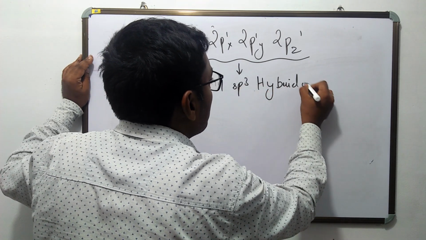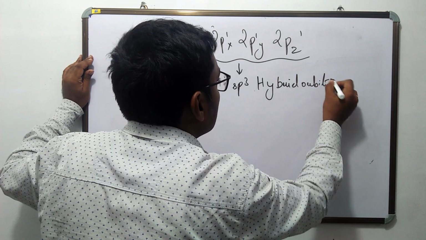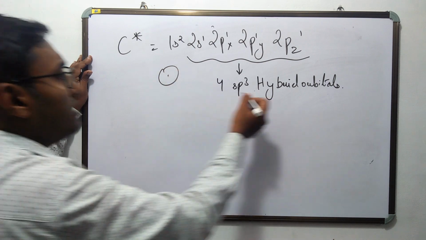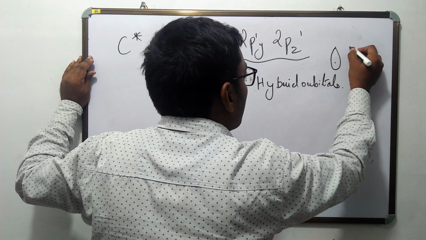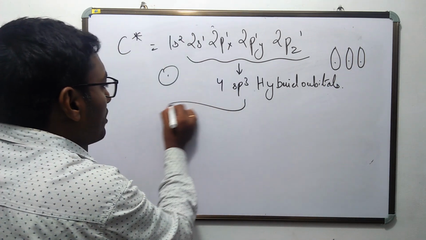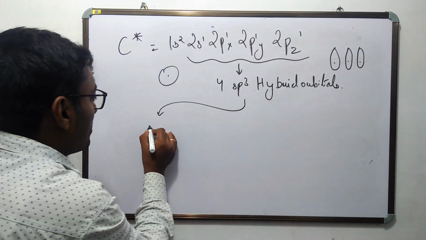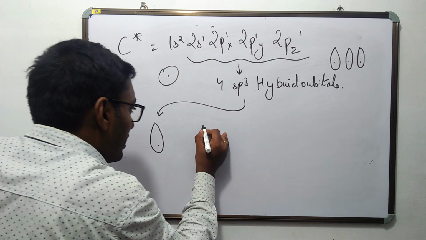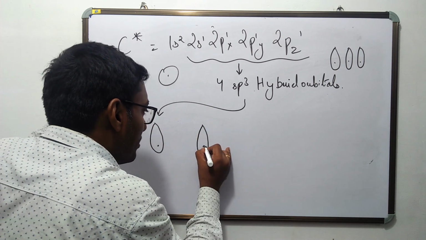4 sp3 hybrid orbitals. What has mixed? 1s and 3p, they have mixed together to form 4 new sp3 hybrid orbitals. I am going to draw the 4 sp3 hybrid orbitals.